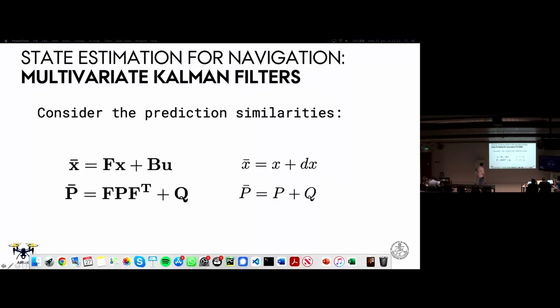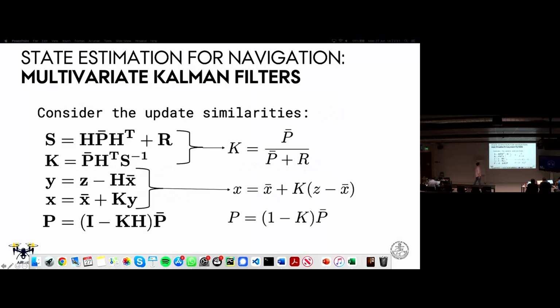For P, the covariance matrix, again, it's the same thing. As long as you project that term onto the measurement or state space, you can add the uncertainty you have with the white noise covariance. And again, the same thing happens with the similarities between updates.